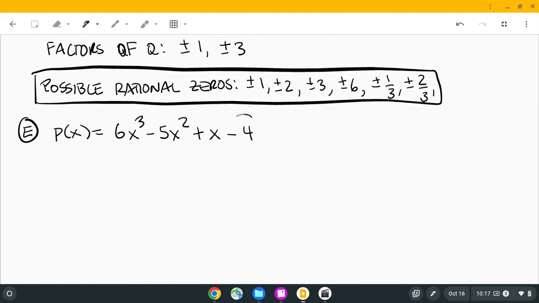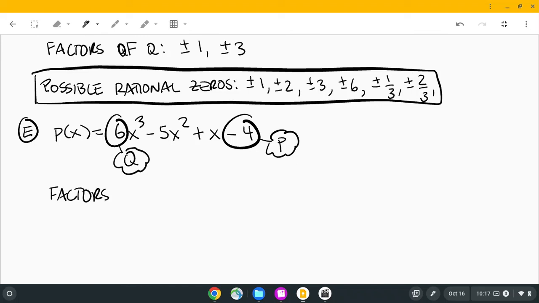So this here is P, and this here is Q. Factors of P: plus minus 1, plus minus 2, plus minus 4. You should be hitting the pause button.